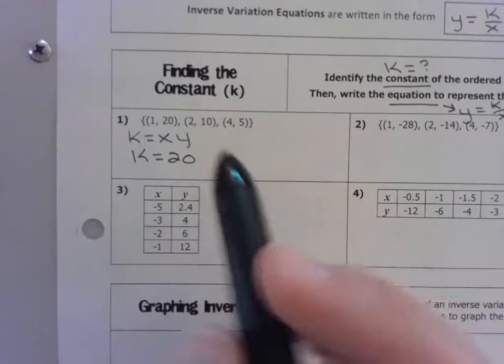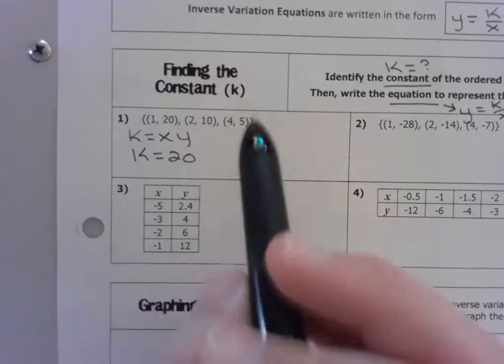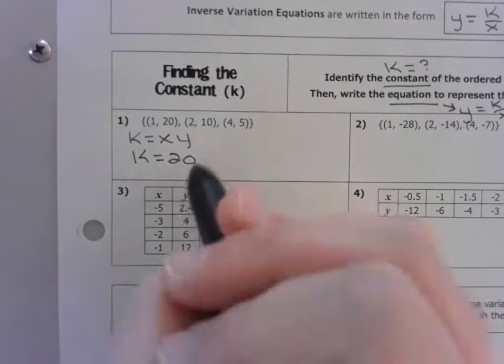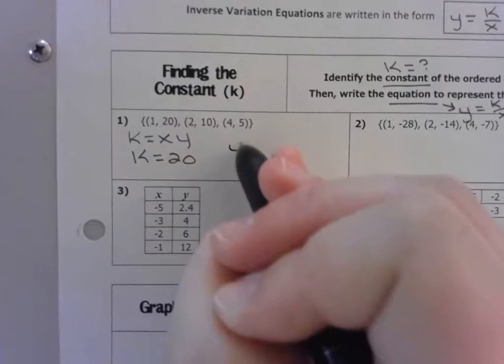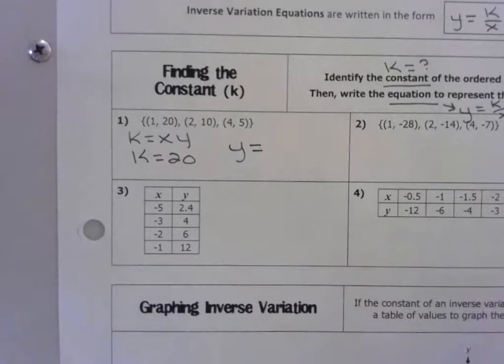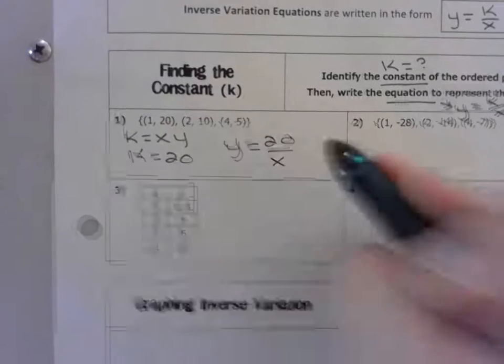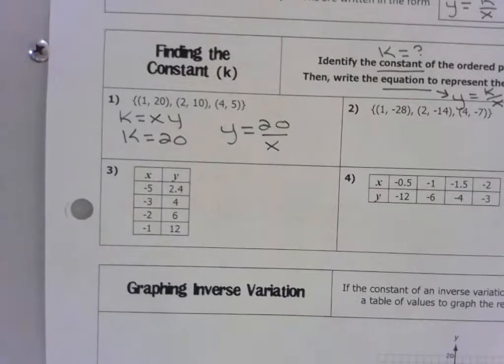And all of the ordered pairs will be the same. 2 times 10, 20. 4 times 5, 20. So my k value is 20. So that's the first part. And then my equation is going to be y equals 20 over x. That is it. Same idea, except we are multiplying x and y instead of dividing them, which makes it a little easier, actually. That's it for the first part.